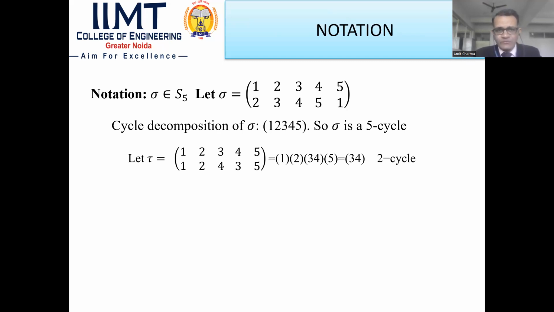Tau is equal to 1, 2, 3, 4, 5 and images are 1, 2, 4, 3, 5. We can write this permutation as (1)(2)(3 4)(5), a 1-cycle 1, 1-cycle 2, a 2-cycle (3 4), and a 1-cycle 5. We can multiply these cycles, so we will get the answer (3 4). So this is a 2-cycle.